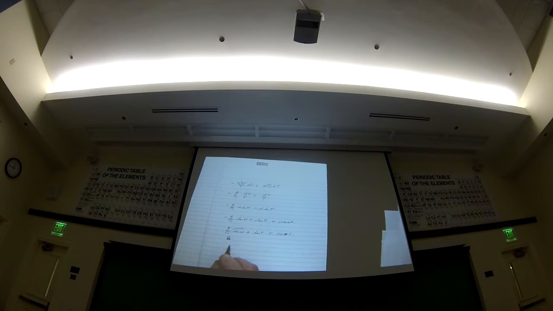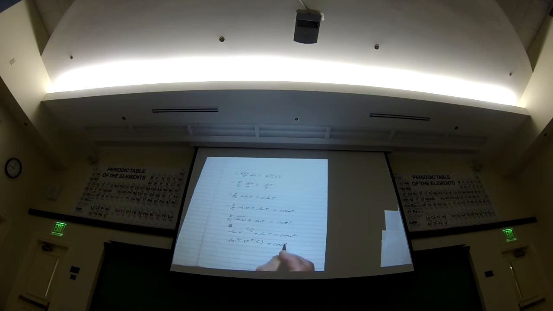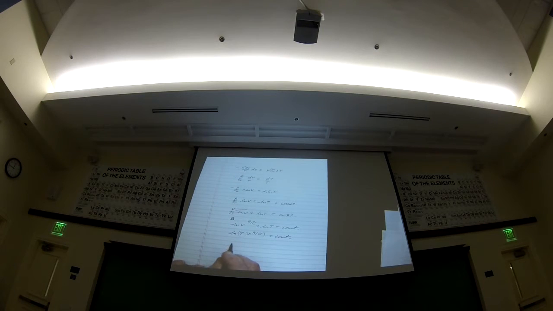All right, the logarithm of V to the R over CV plus the logarithm of T is equal to a constant. And then I know what I can do with logarithms: I get the logarithm of T times V to the R over CV is equal to a constant. Or if the logarithm of something is a constant, then something is a constant. So I write T V to the R over CV is equal to constant.